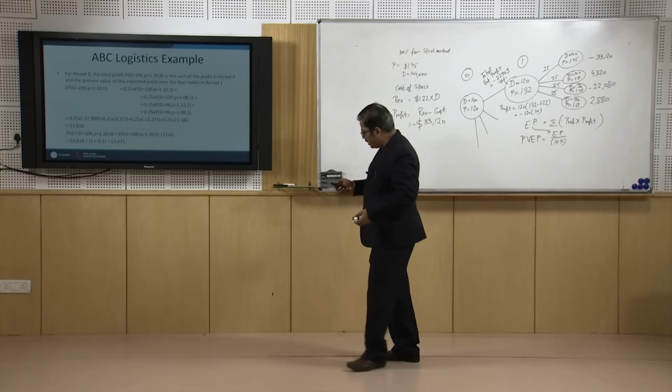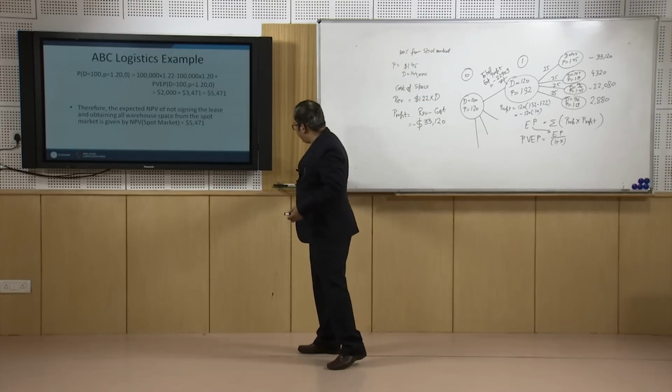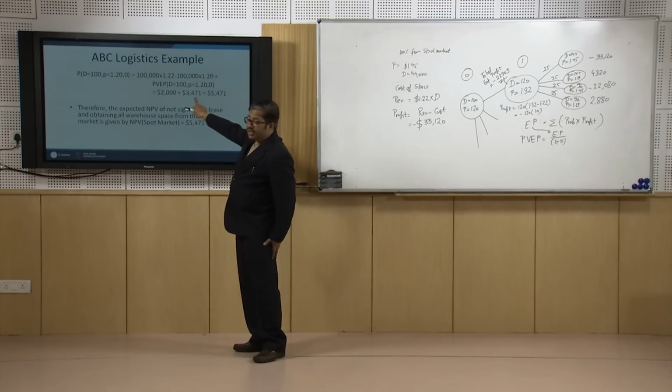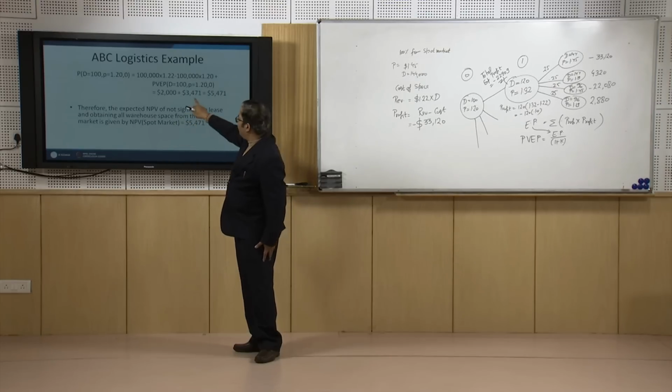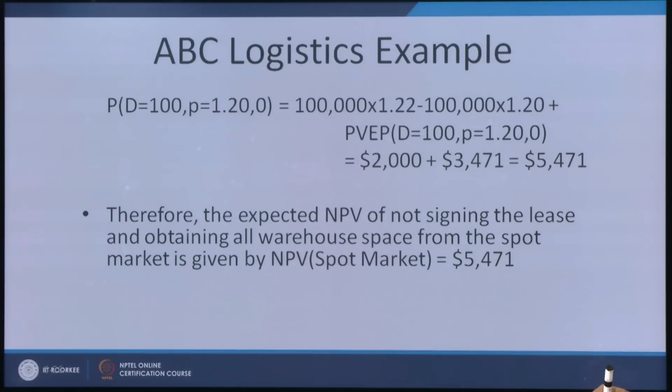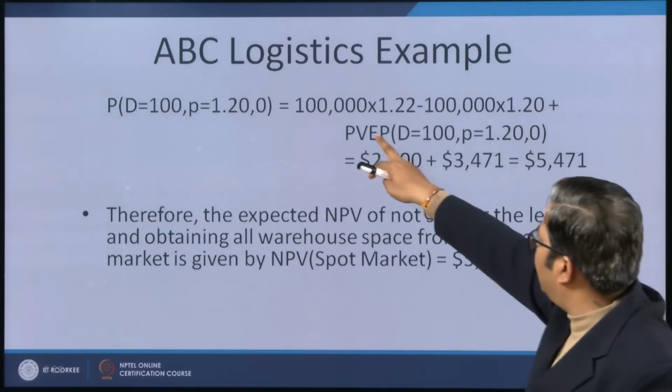So, that is done in the next slide, where this 3471 component is there from the future cash flows, and the present value of those future cash flows is 3471, and the present value of my profit is in the current period.